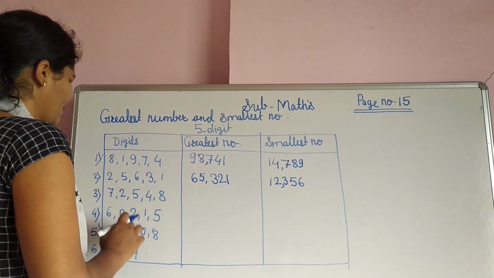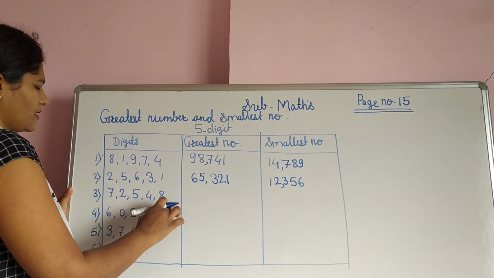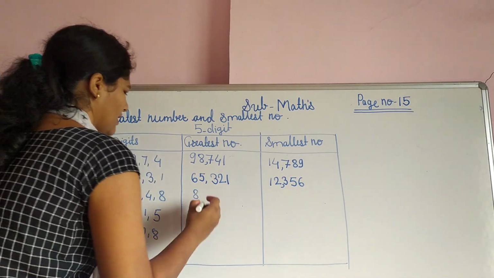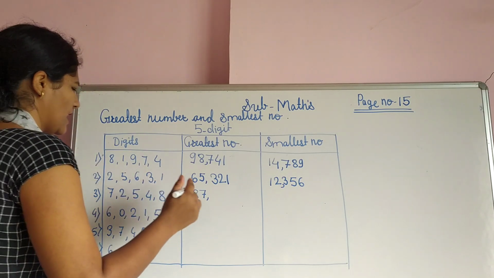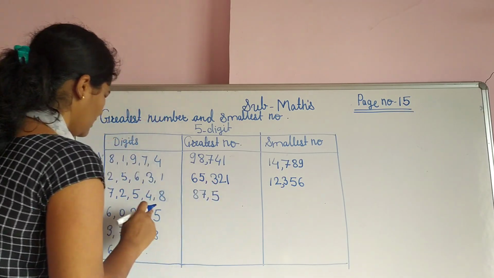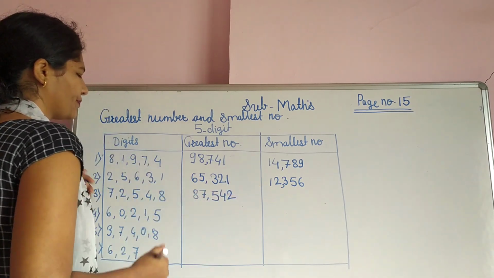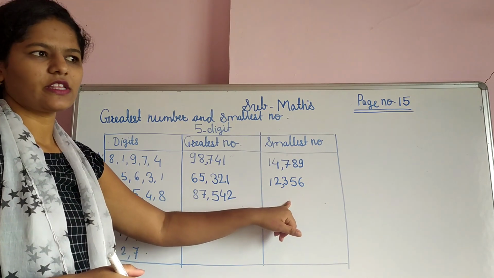Then next, which one is the biggest digit? That is 8. Next is 7. Then next is 5. Then 4. Lastly 2. So this is the greatest number. Now we want the smallest number.